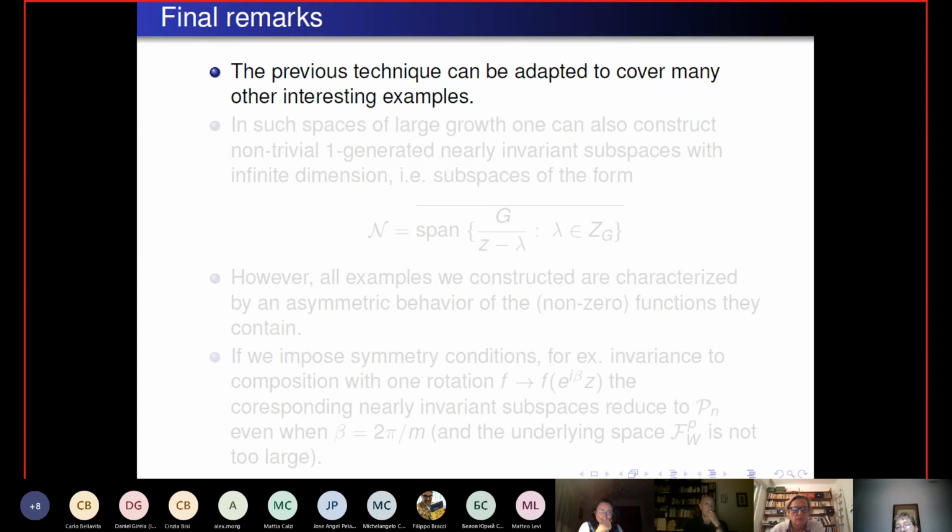Of course, the thing becomes a little more sophisticated, but the idea of using the Phragmén-Lindelöf principle is what's behind it, and the rest is, I would say, more technique. And you can get a number of interesting examples of nearly invariant subspaces which are infinite dimensional if you have this larger group.